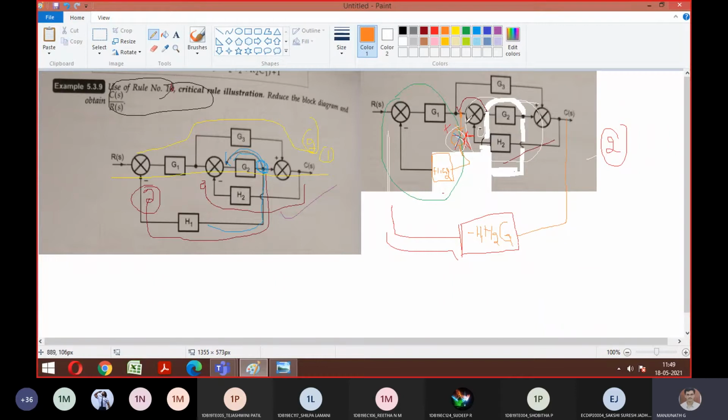After splitting the summing point, this connection is one. The remaining is as it is. So this summing point exists for H1 and H2 separately, and similarly for the H1, H2 and G2 combination, because of this connection.